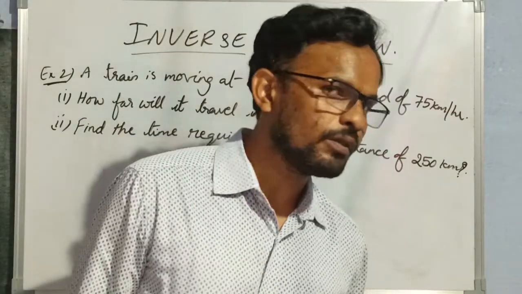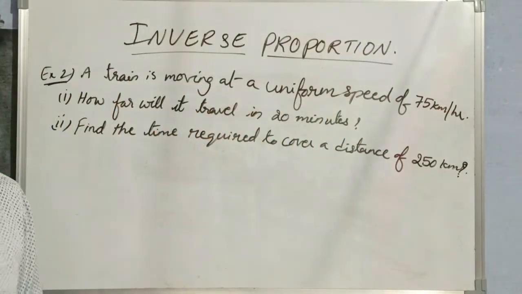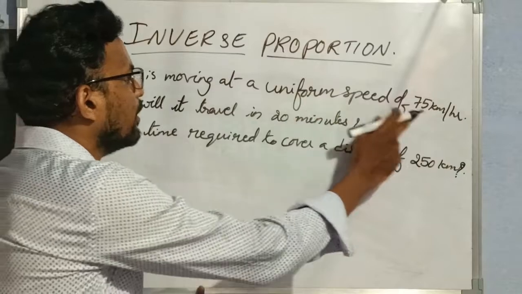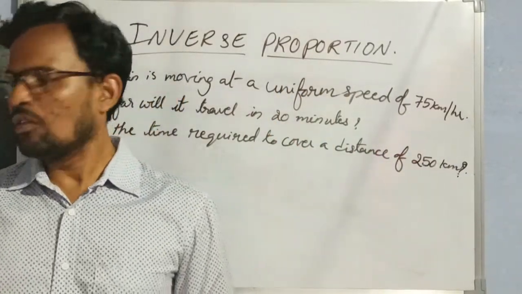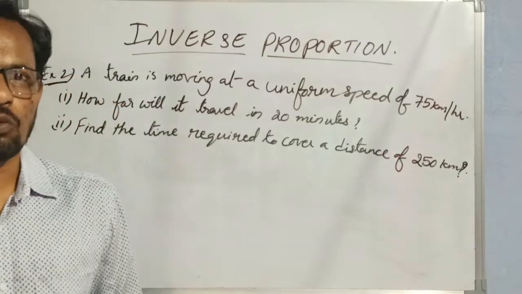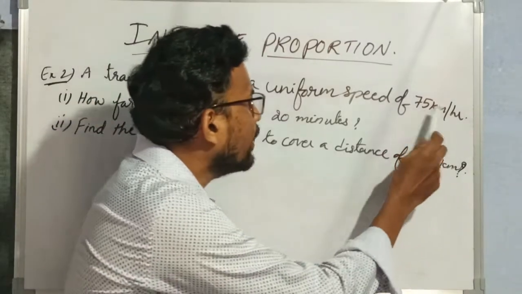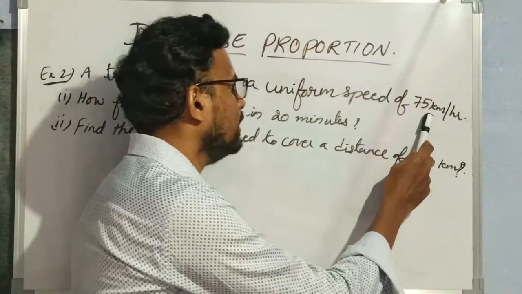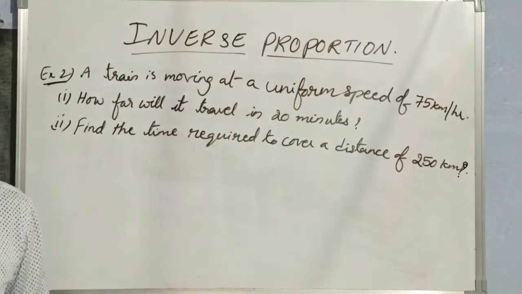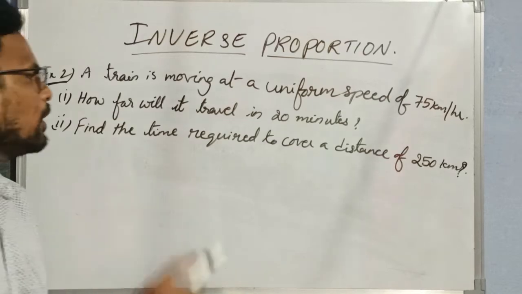Okay, so let us understand the question first of all. A train is moving at a uniform speed of 75 kilometers per hour. Okay, a train is moving at which speed? 75 kilometers per hour speed. So if it is moving at this speed, then we need to solve 2 questions. What's the first question?